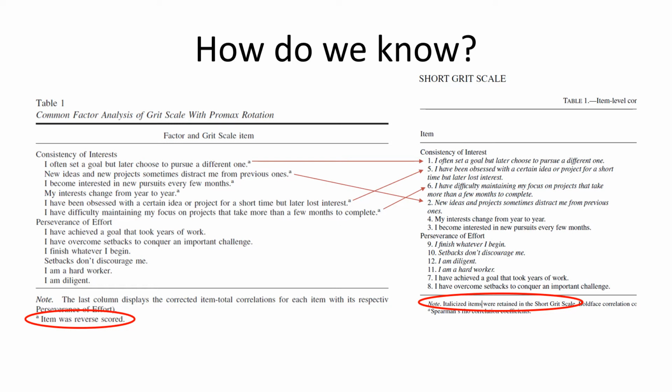This slide illustrates that. If I weren't documenting it for this example, I might have also printed the two tables and used the table from the short grit scale to number the questions in the table from the original scale and crossed out the questions from the original scale that weren't in the short version. That said, now I know questions 1, 5, 6, and 2 from the short grit scale need to be reverse scored.